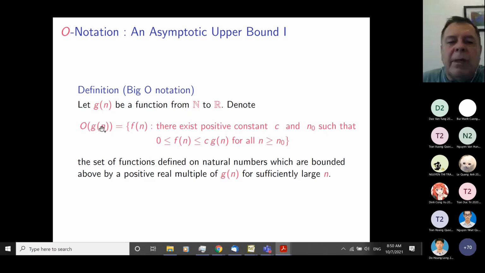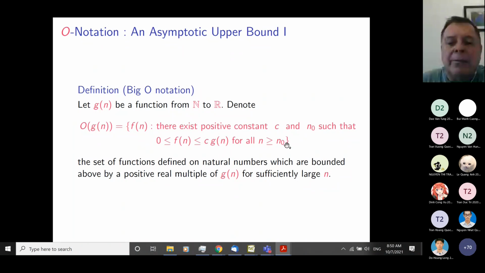So we are going to say that the order of g(n) is a class, or a set, of polynomial functions such that these polynomials can be bound above by g(n). That is, f(n) is smaller than g(n) if I multiply g(n) by some constant c, for values of n greater than n0.